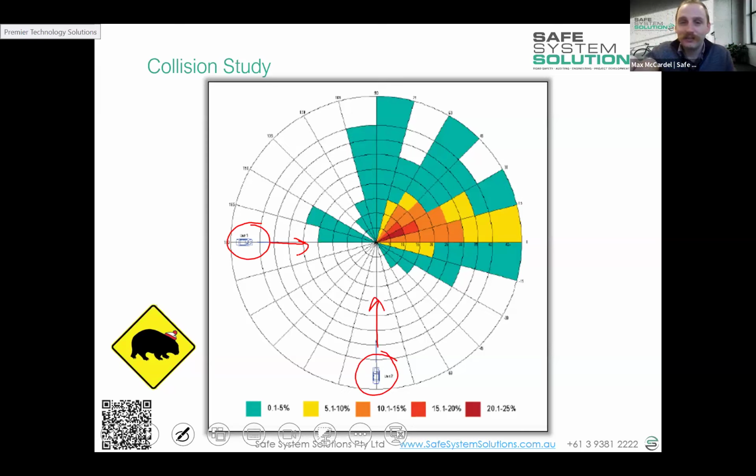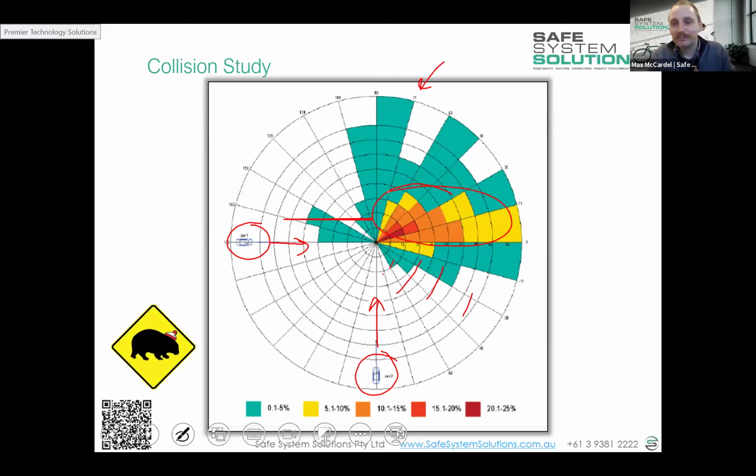So you've got the angle that's shown on the outside of the radius, and then each of these are like distances that go up by 5 meters. And it's basically most of the trauma occurring in that top right-hand area.